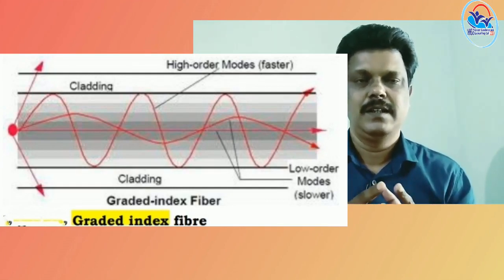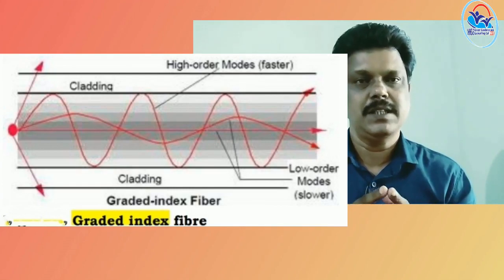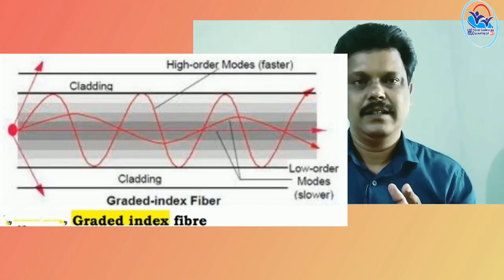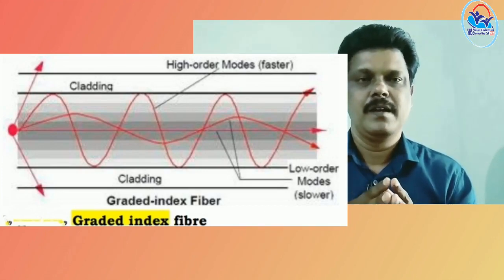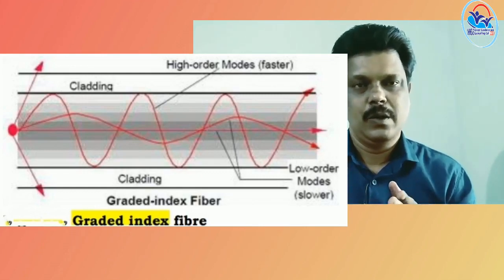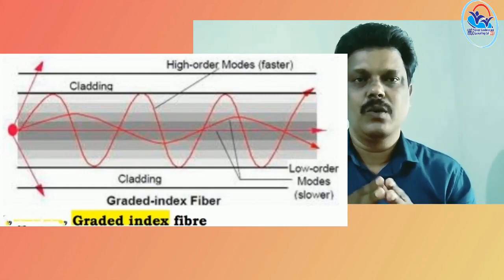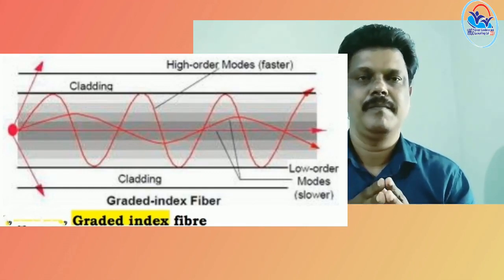Instead, the refractive index is maximum at the center of the core and it is gradually reduced towards the cladding, that means towards the periphery of the core. At the interface of the core and cladding, the refractive index of the core will be equal to the refractive index of the cladding.